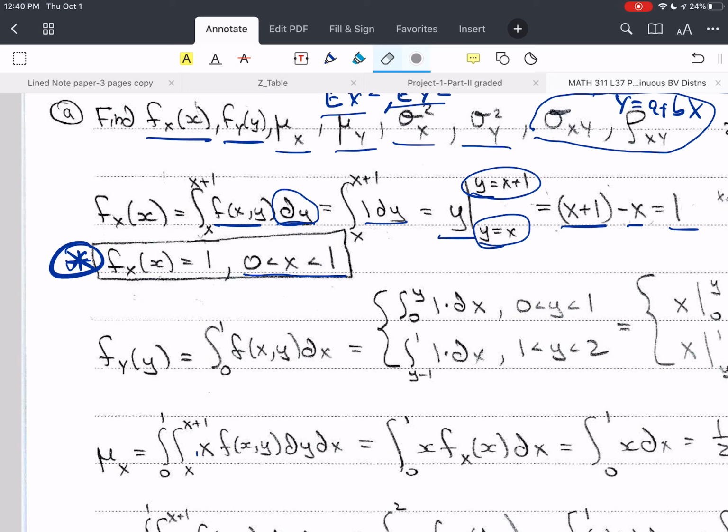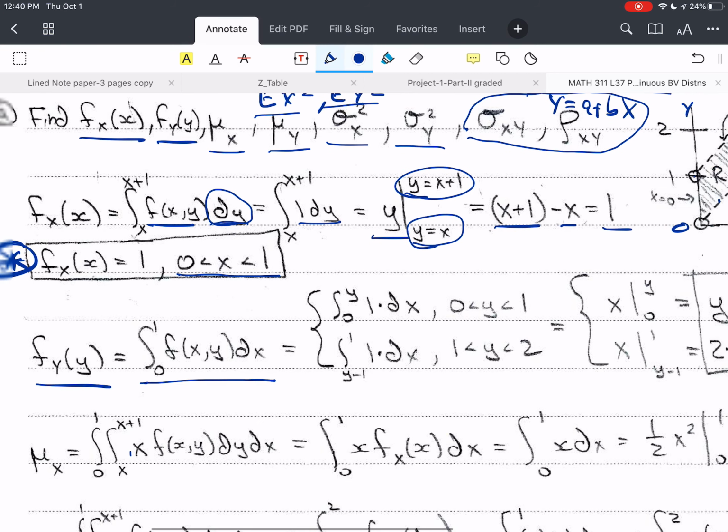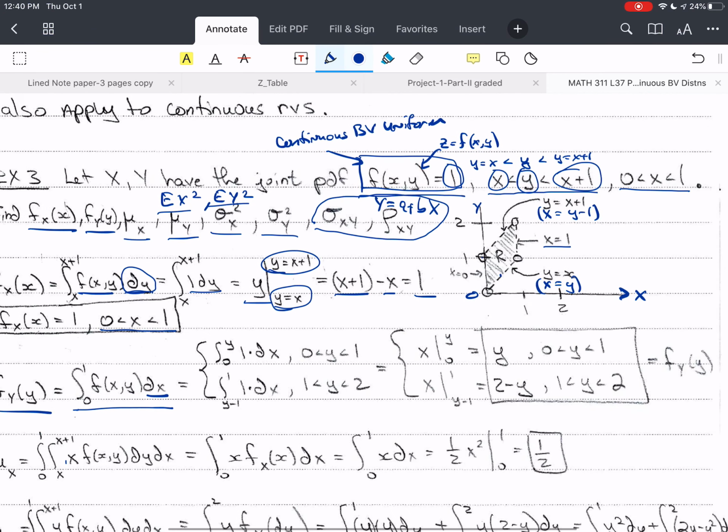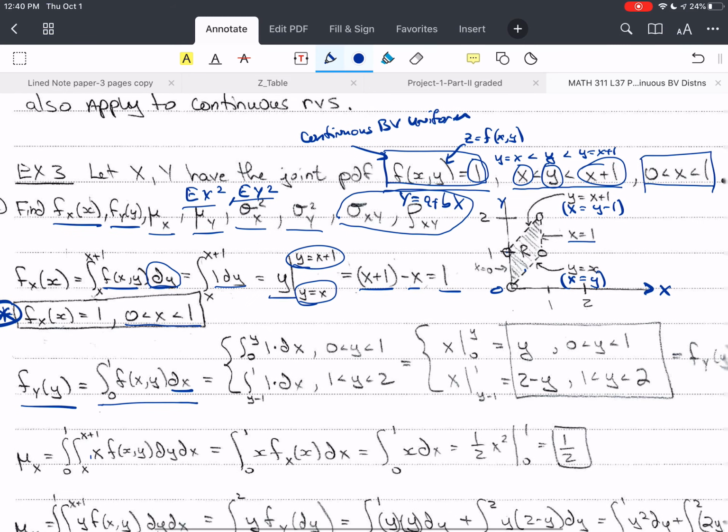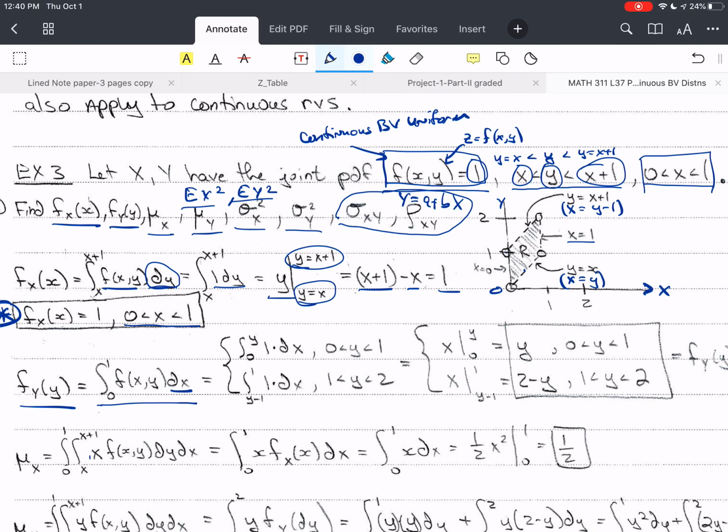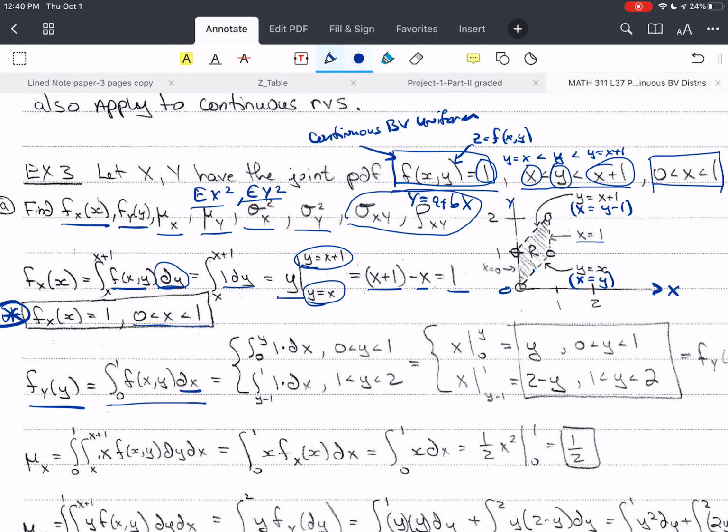Okay, so now we find the marginal of y, and again I have to use the joint PDF to find the marginal, of course. I'm integrating with respect to x, and x is simply from 0 to 1. It was expressed independently, and when I look at the picture, certainly it looks independent, but when I'm integrating with respect to x, I have to do two pieces of this.